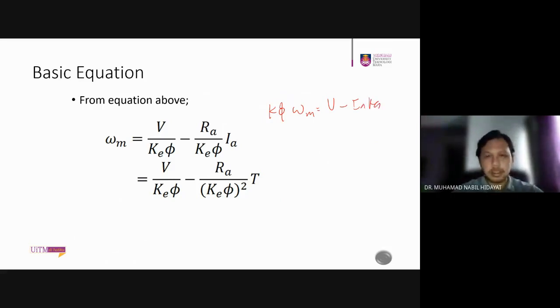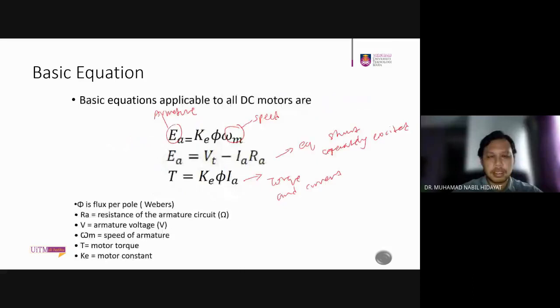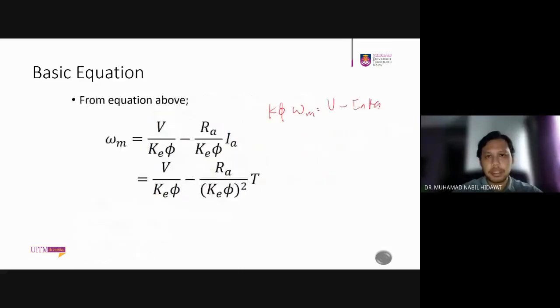Then we can find the value of speed, which is also equal to VT over KE flux minus RA over KE flux times IA.